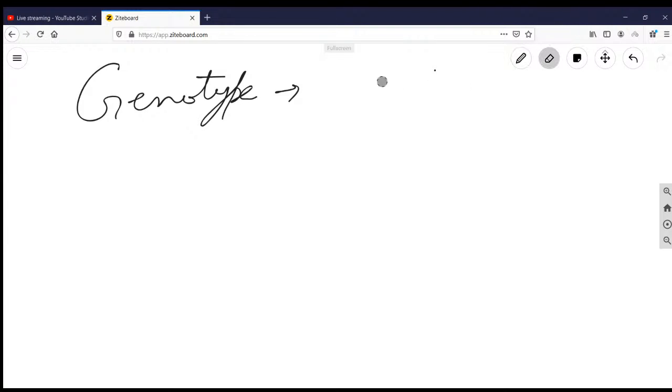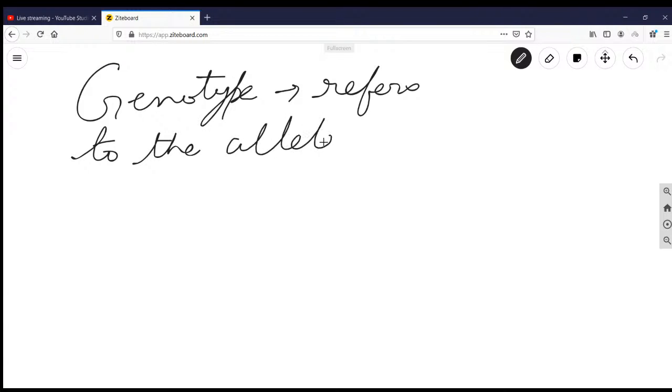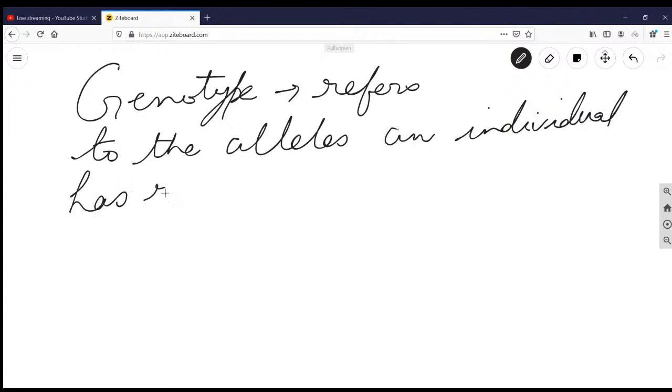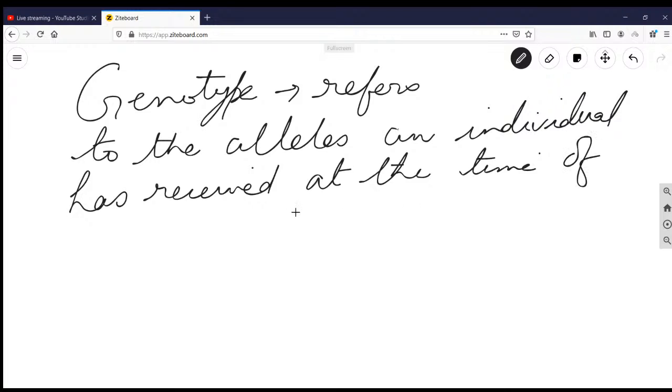It refers to the alleles an individual has received at the time of fertilization.